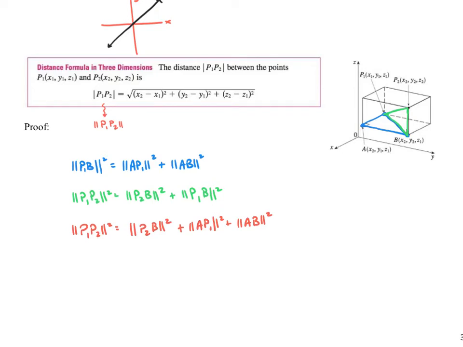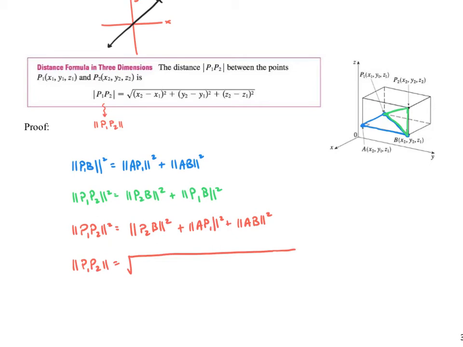So first off, let's go back up to the top. What are we trying to find? Well, we're trying to find the distance from P1 to P2. So let's take the square root of this left side. That's the distance we're trying to shoot for, which means we have to take the square root of this side. And if we look at P2 and B, we're going to subtract the different elements.